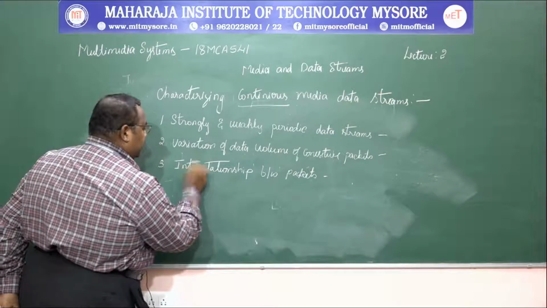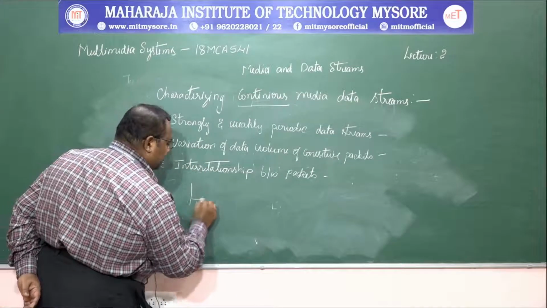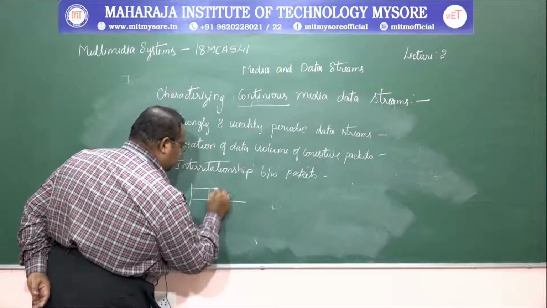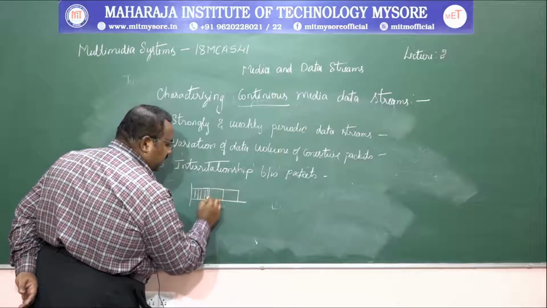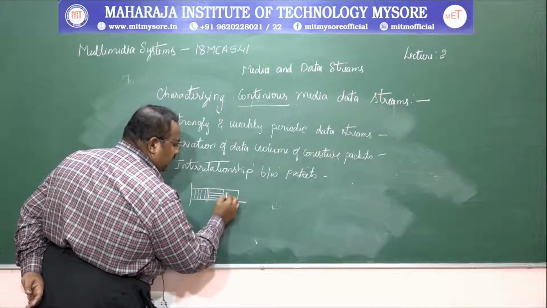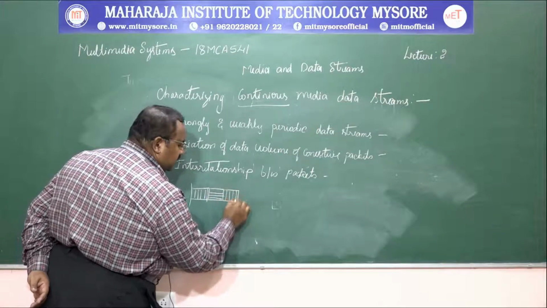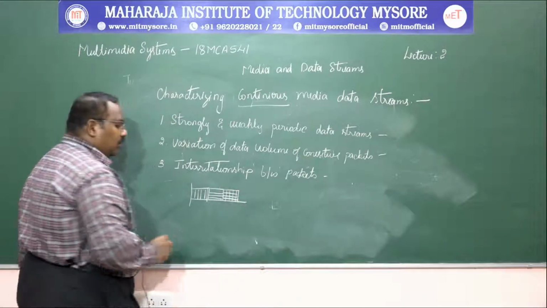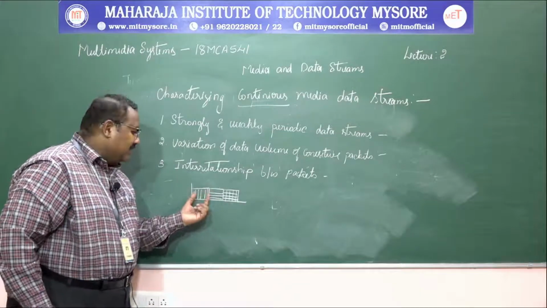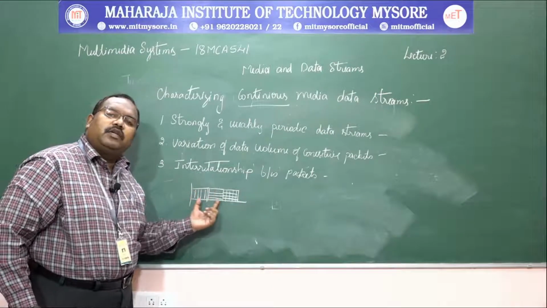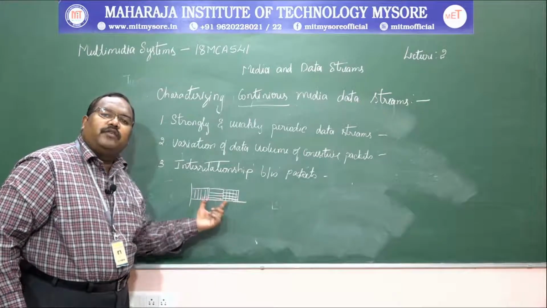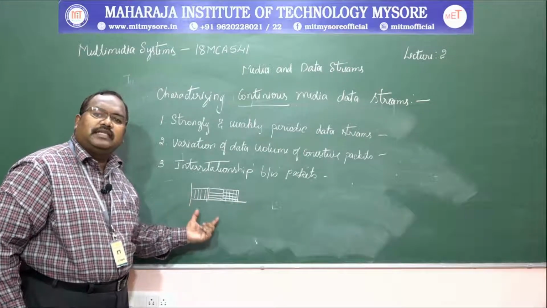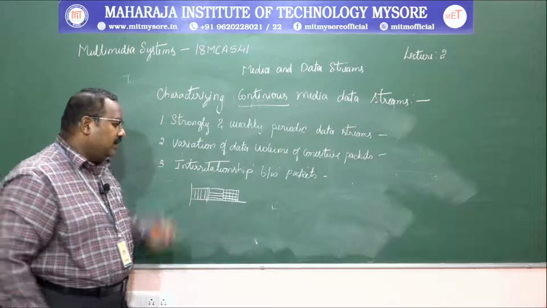First one, look at this interrelation between the packets. So this is one packet, and this is one more packet, and this is the third packet. Though there are three packets, there is a relationship between one another. Each one of the packets are connected with one another. It means there is a connectivity between those things. So we call this as interrelated data streams.